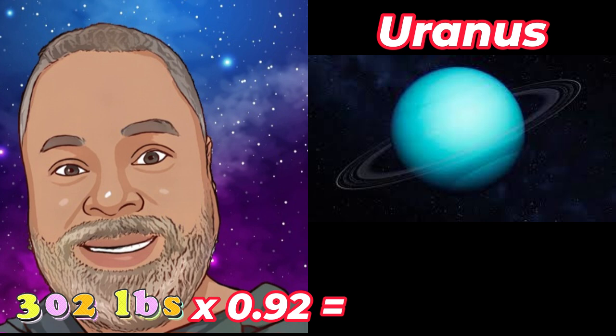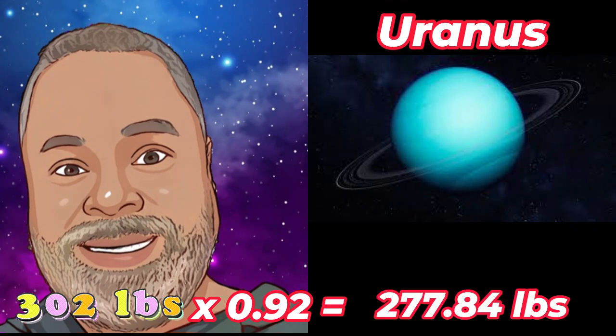On Uranus, you will multiply 302 pounds times 0.92, which is equal to 277 84/100, which is roughly 278 pounds.